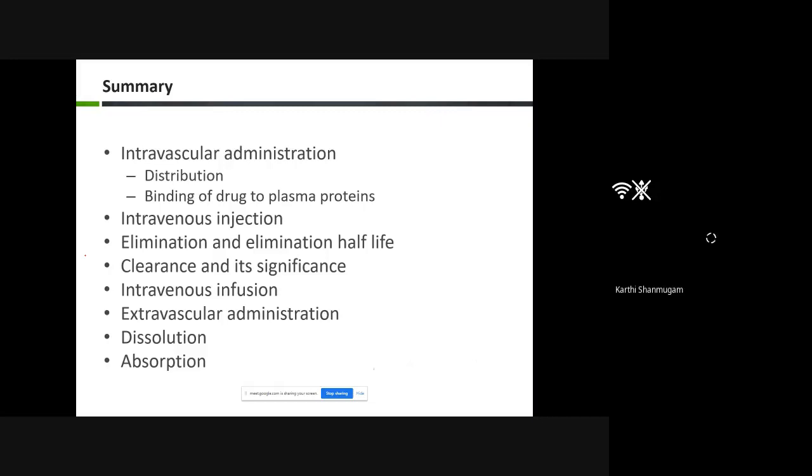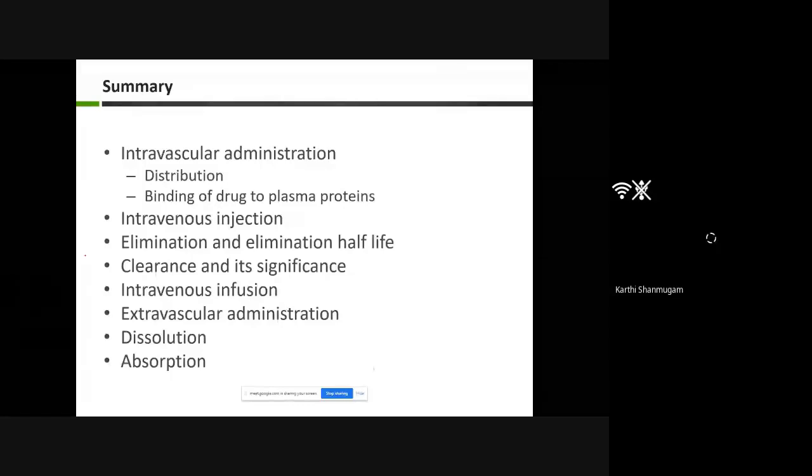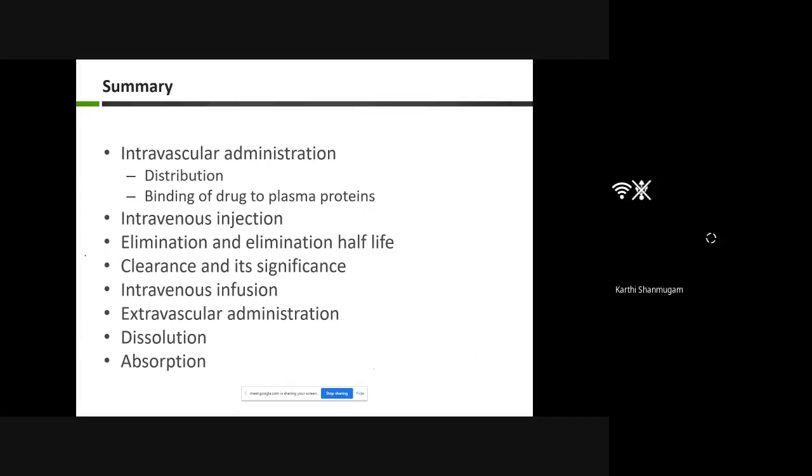Clearance and its significance also play an important role, because they also decide the dose. For fixing the dose, we should be very clear about the clearance and how that is happening. And if we give the drug molecule as an intravenous infusion, what happens to the pharmacokinetic parameters, and with extravascular administration, right? These are the primary things that we'll see in this topic.